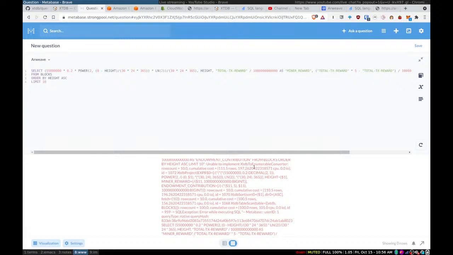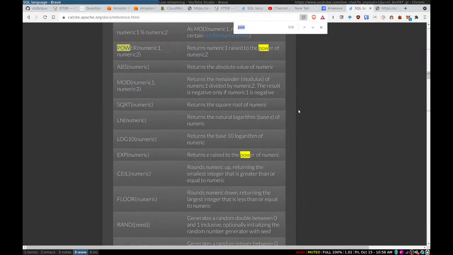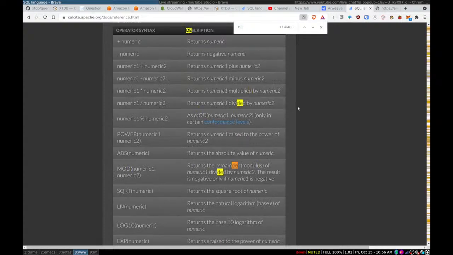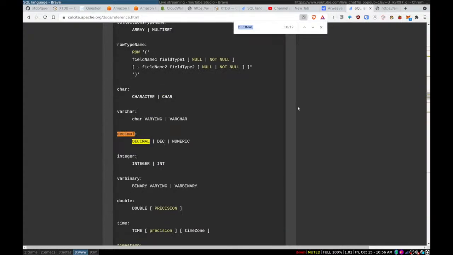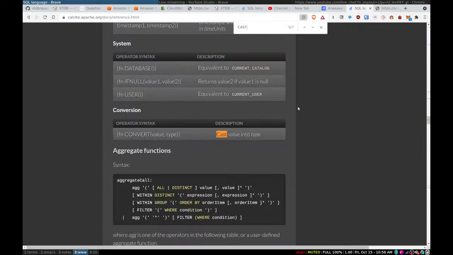Is it the... It might be that I need to store height as a decimal in order for this to work. Let's try. Maybe I can explicitly cast it to decimal. I can do convert value type.